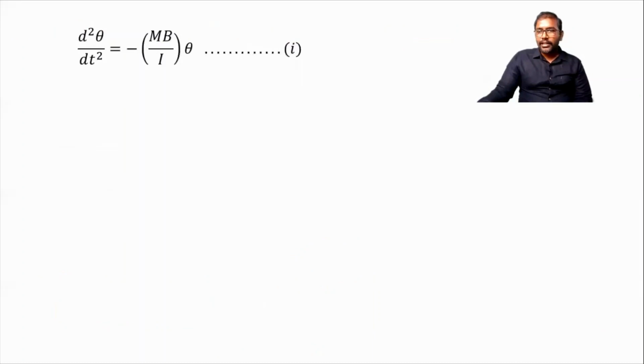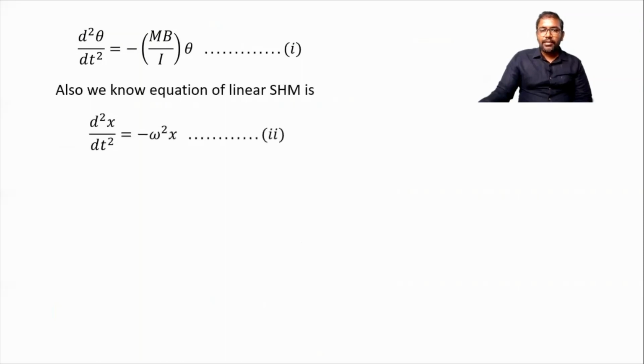Then I write the same formula again. Then we know the equation of linear SHM: d square x by dt square is equal to minus omega square x. So this is equation 1 and this is equation 2.